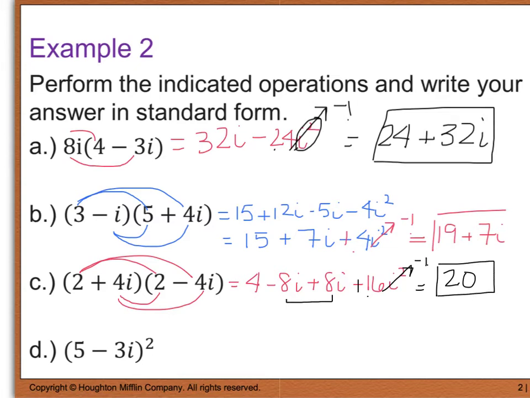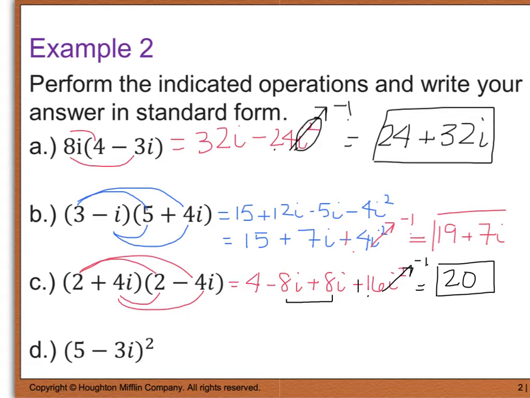And that makes sense because if you remember, when I have the same first and second term but they just differ by the signs, that's going to cancel out that middle term there. And then last but not least, we have part D. This is 5 minus 3i, the quantity squared.